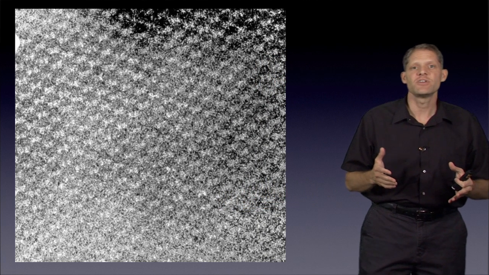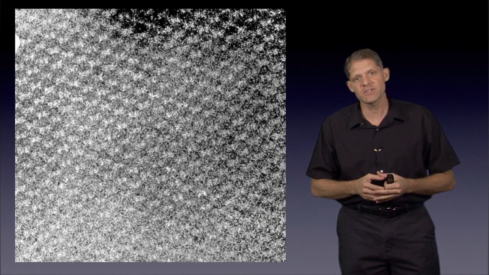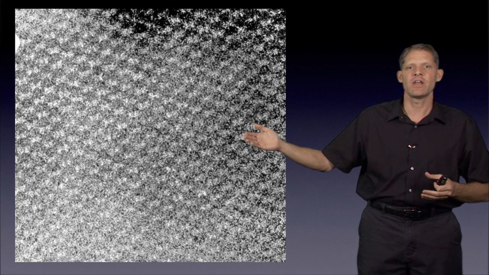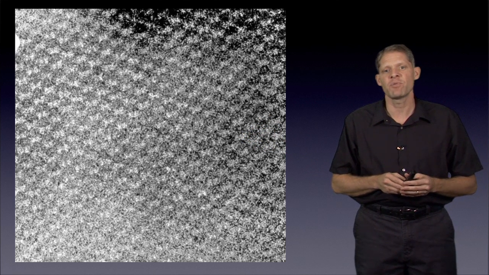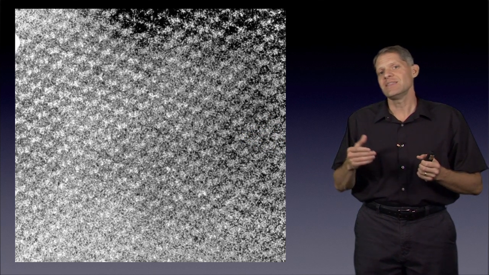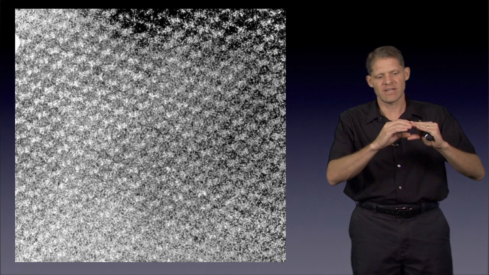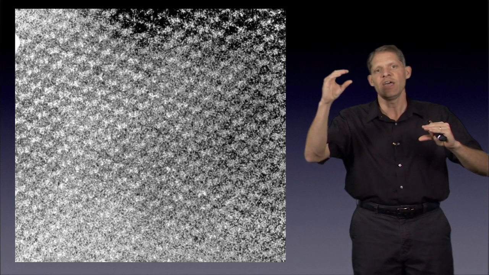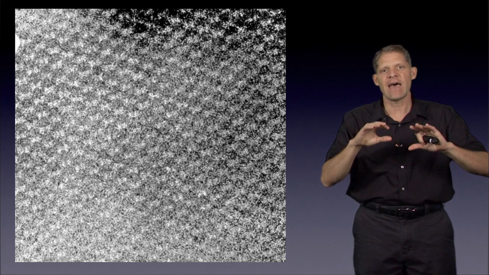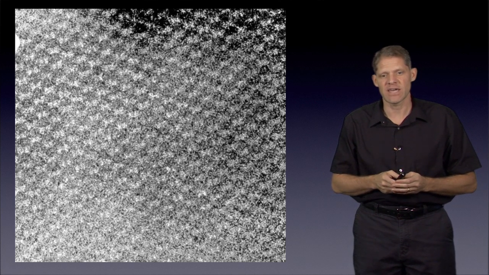Now this is easiest when our object of interest can be coerced into forming a crystal, as in the example of the RNA polymerase II molecules that I brought up earlier. Because in this case, each of the objects is regularly arranged, it becomes much easier to average the information across that image.